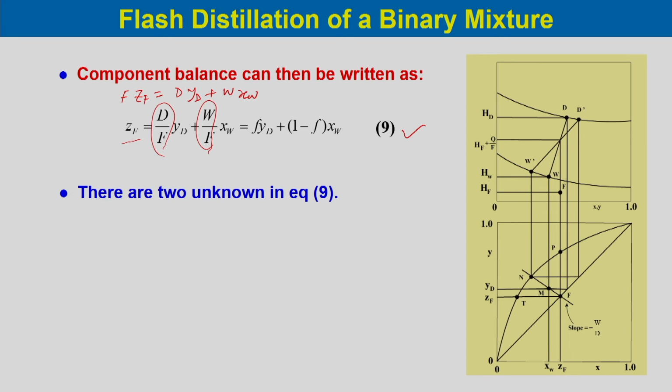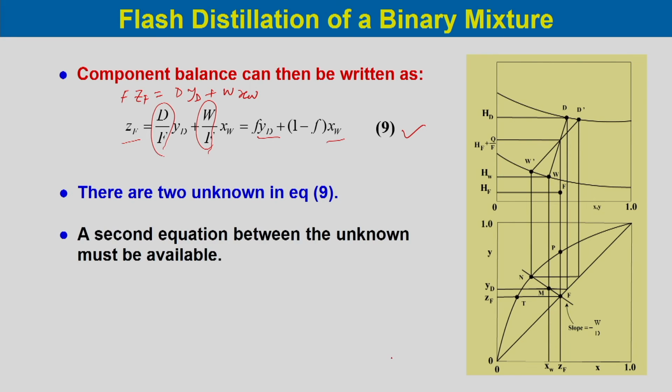Now, there are two unknowns in equation 9, YD and XW. So, we need a second equation between these two unknowns, so that we can use it on the enthalpy concentration diagram and solve the problem.